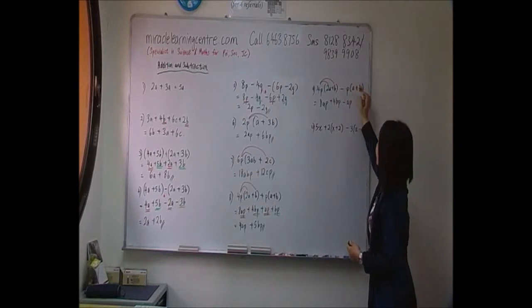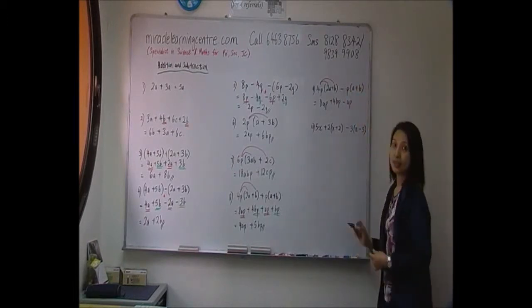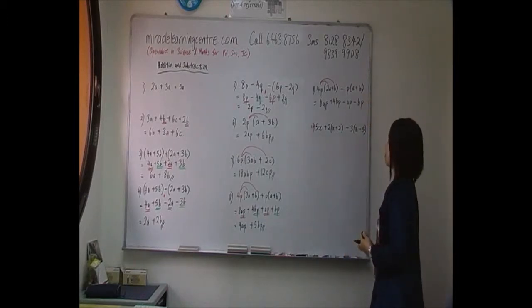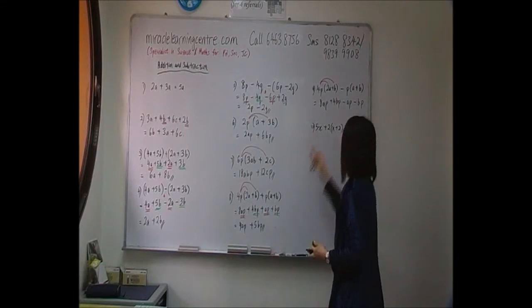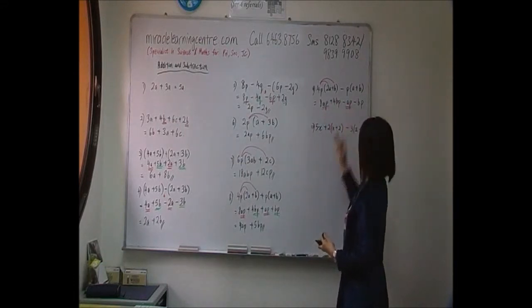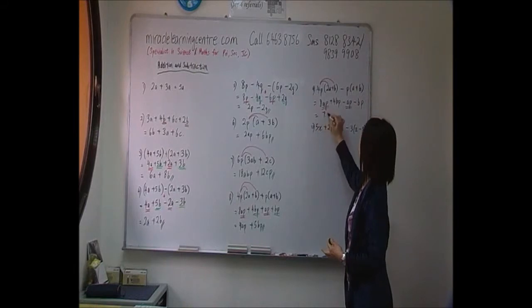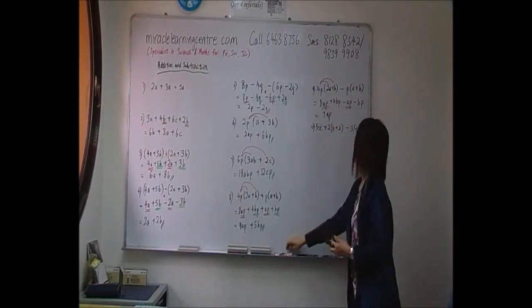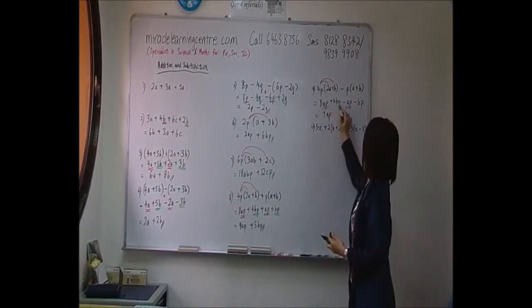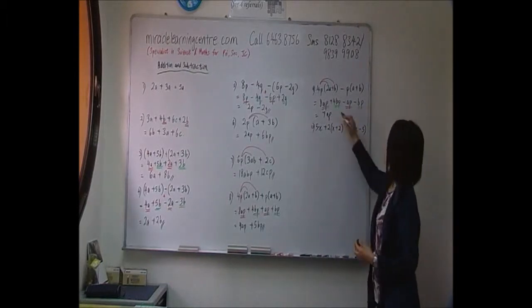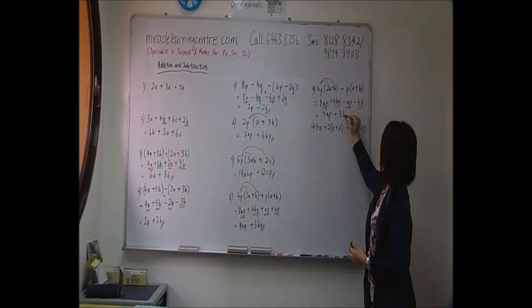AP, negative, you multiply in, becomes negative BP. AP and AP, common term. So 8 minus 1, we have 7AP. BP and BP, common again. 4 minus 1 is 3BP.